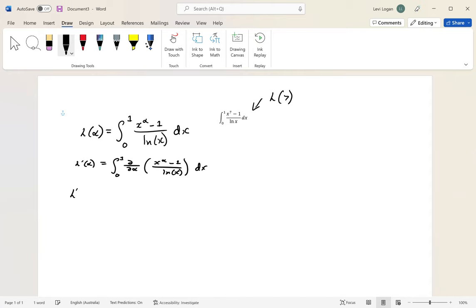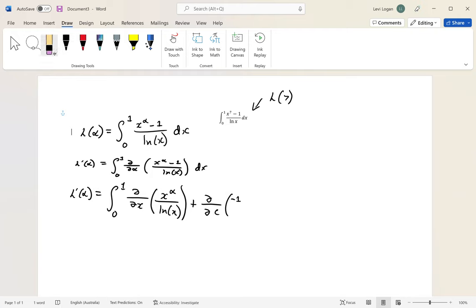So L dash of alpha, we're just going to break this up so it's easier to see what's happening: x to the alpha over log of x, minus 1 over log of x, dx. Since it's the partial derivative with respect to alpha, the constant term turns to 0, so we can rub that out now.